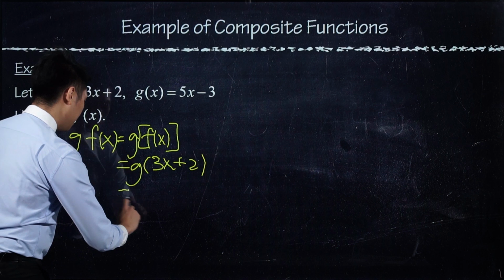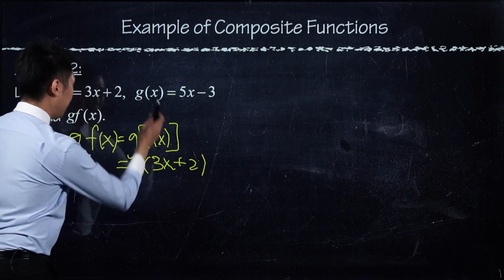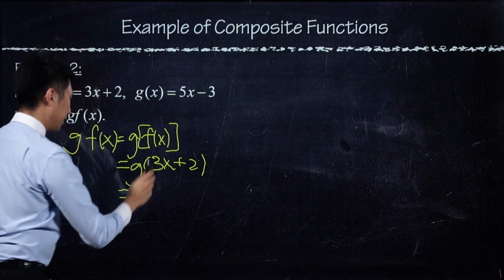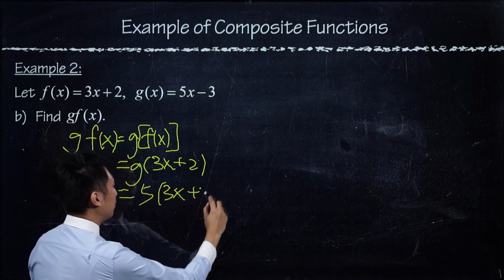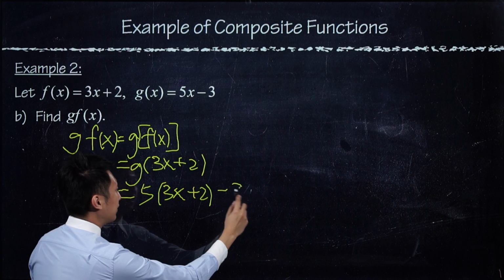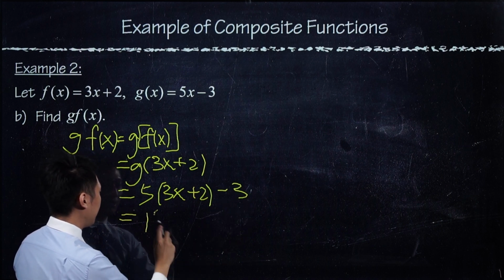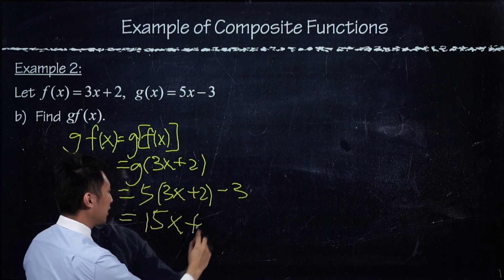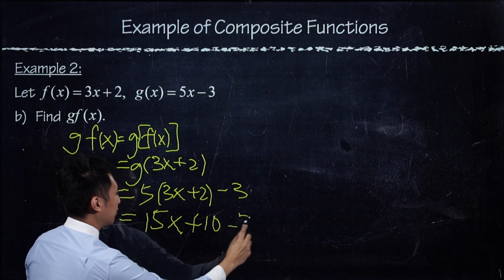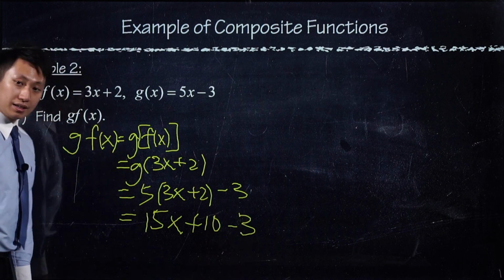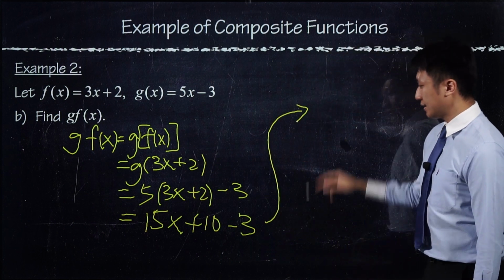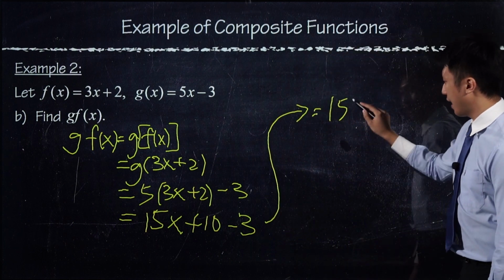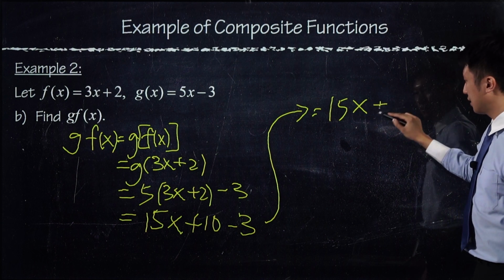I put this whole thing into here, so it's 5(3x plus 2), then minus 3. So I get 15x plus 10 minus 3. Okay? So what do I get? I get 15x plus 7.